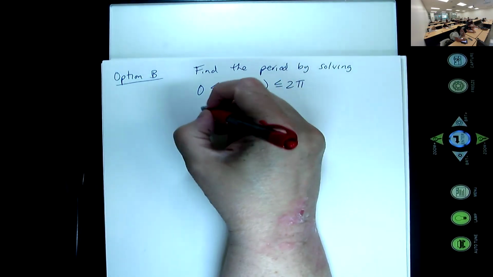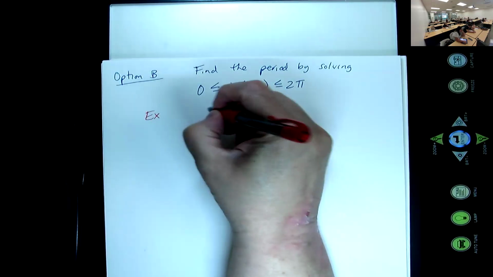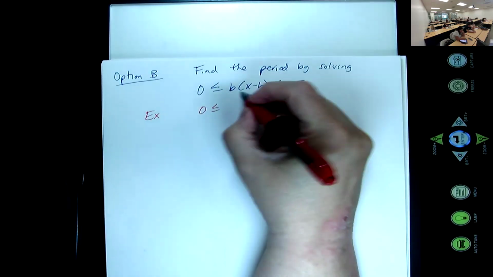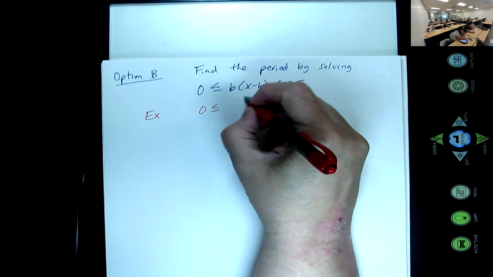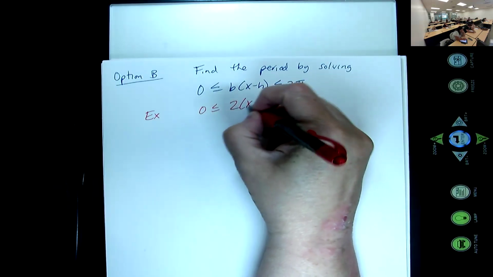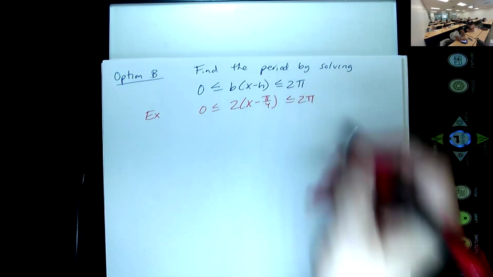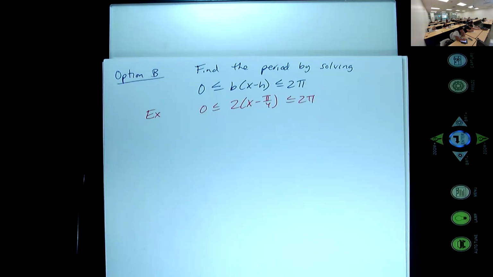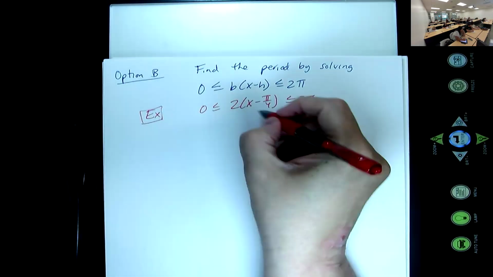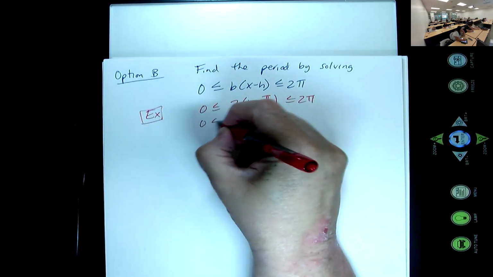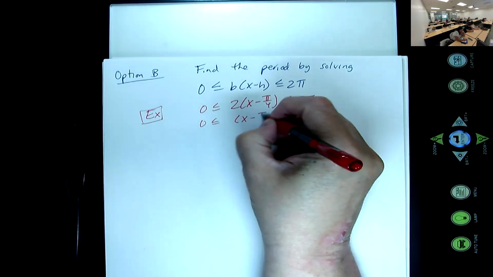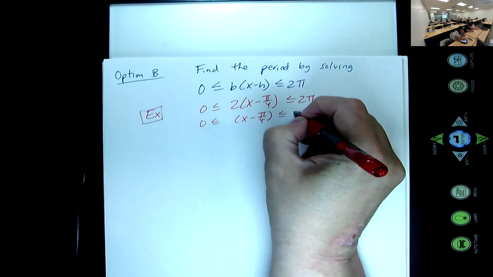Let's say we had 0 is less than or equal to 2 times X minus pi over 4. I would divide by 2 and I would get 0 is less than or equal to X minus pi over 4, which is less than or equal to pi.